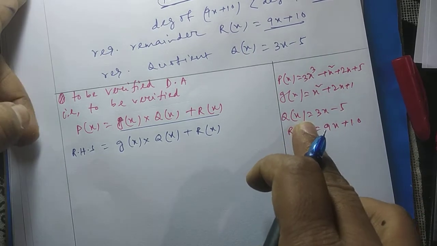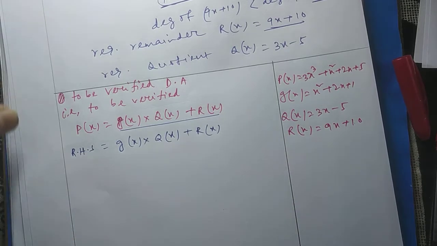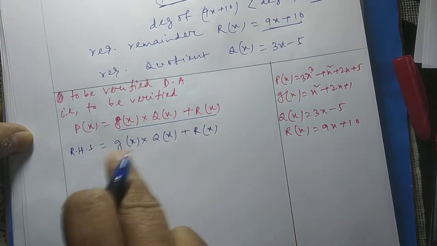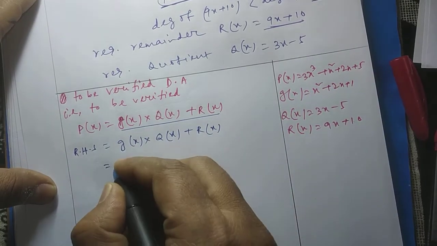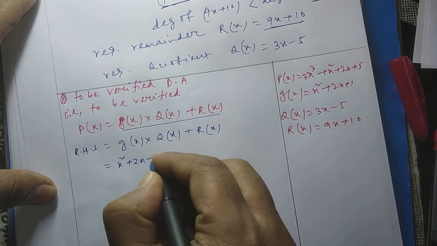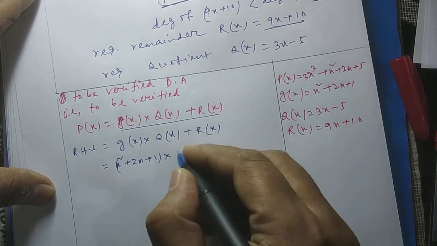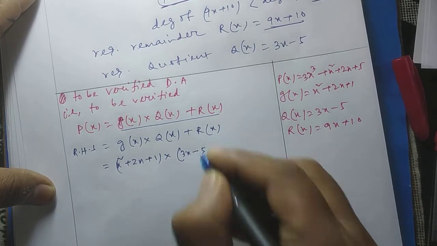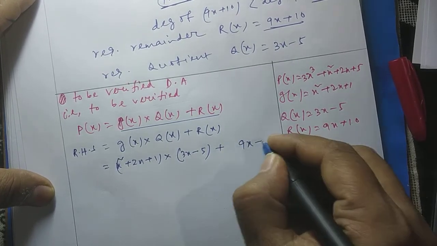In the previous step we have found the quotient q(x) and the remainder r(x). So let us put them one by one here. The g(x) is x square plus 2x plus 1, into q(x), which is 3x minus 5, and the remainder is 9x plus 10.